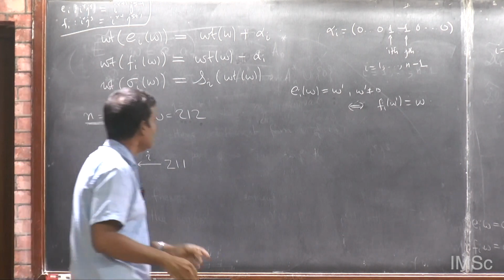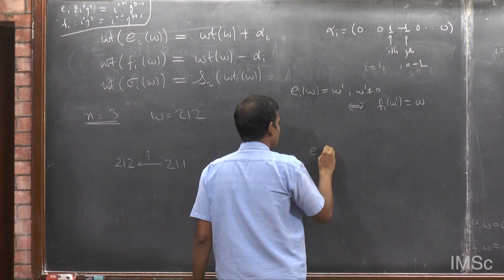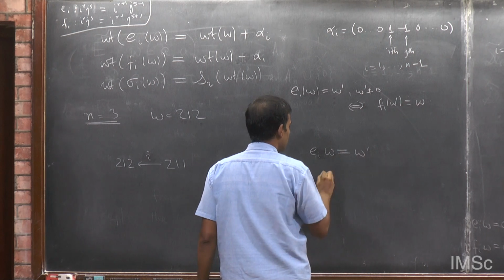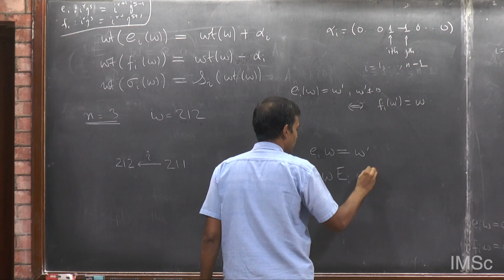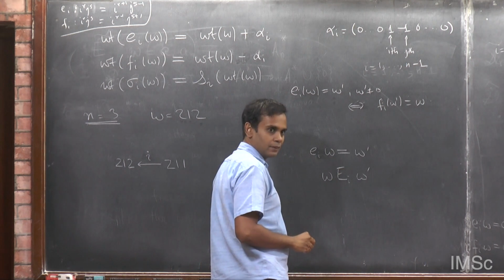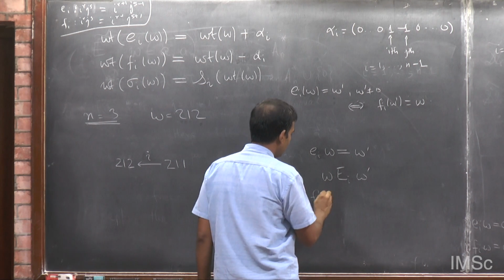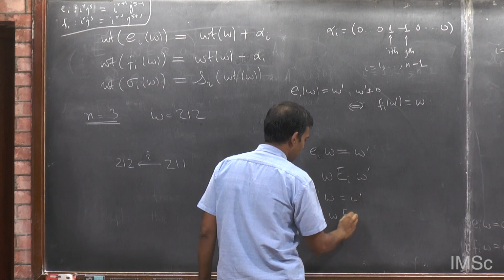Okay, so we will say that if E_i(W) is W prime, then W is related by the relation E_i to W prime. And if F_i(W) is W prime, we will say W F_i W prime.